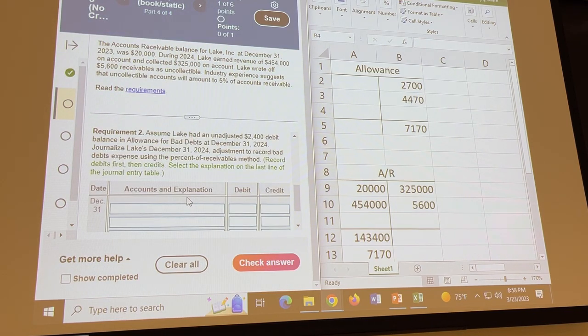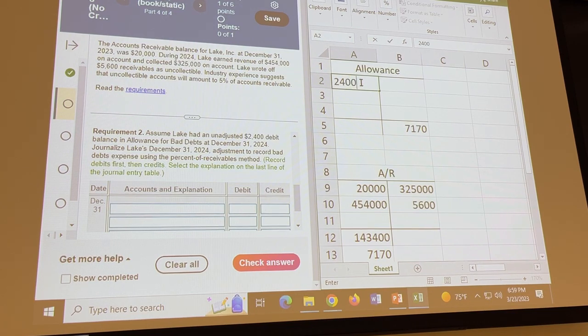Okay, then next it says, instead of what we assumed in part one of the problem, we're supposed to assume that the allowance account had an unadjusted debit balance of 2,400. So instead of that $2,700 credit balance, it had a debit balance to start with of 2,400.